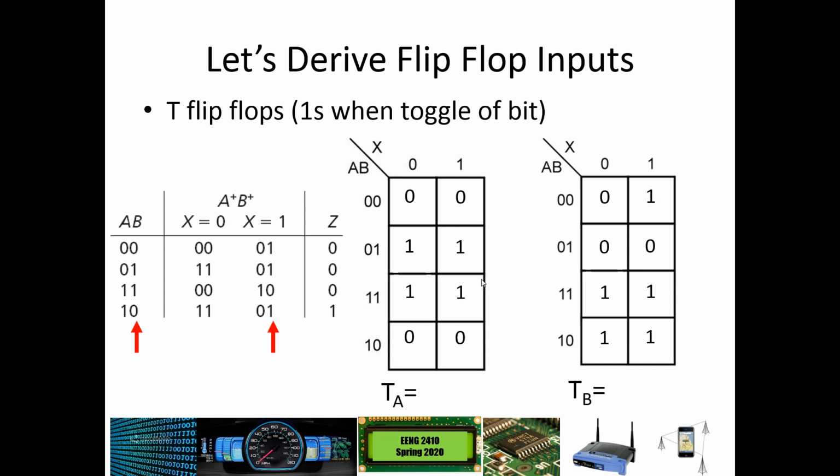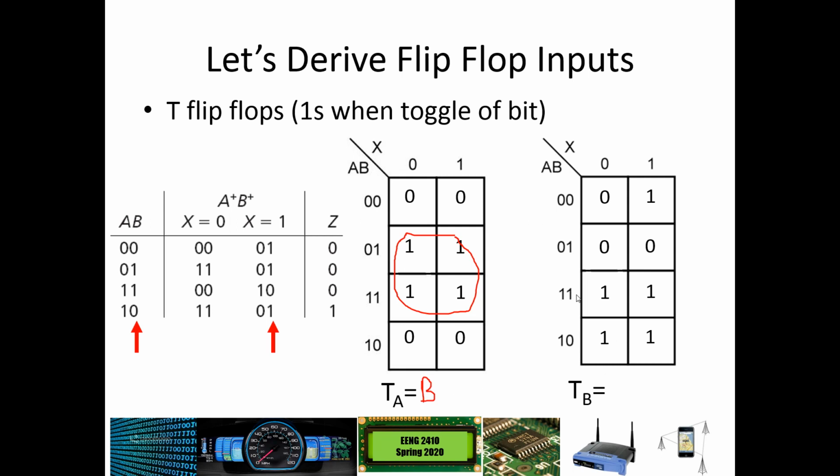And then we have a change in all except for the second row in the B column for x equal 1. And so we can once again circle our groups here. We will circle this group right here, and so TA is simply B.